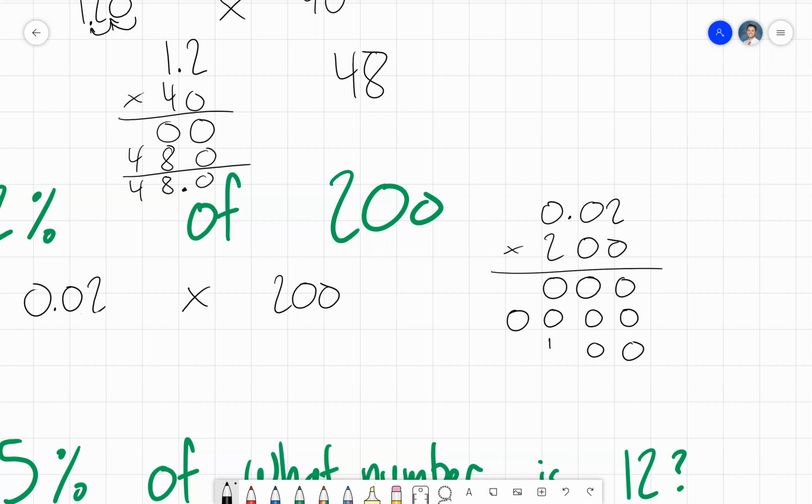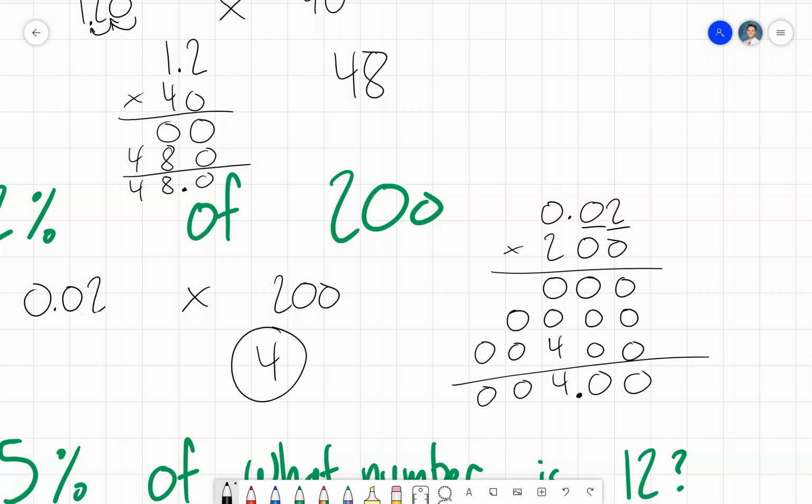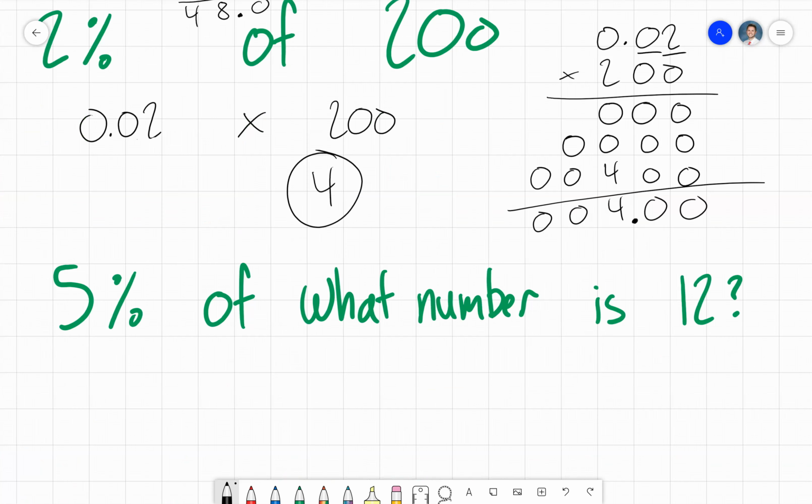And finally, 2 times 2 is 4, 2 times 0 is 0, 2 times 0 is 0. We've got 2 decimal places, so our answer is 4. 2% of 200 is 4.